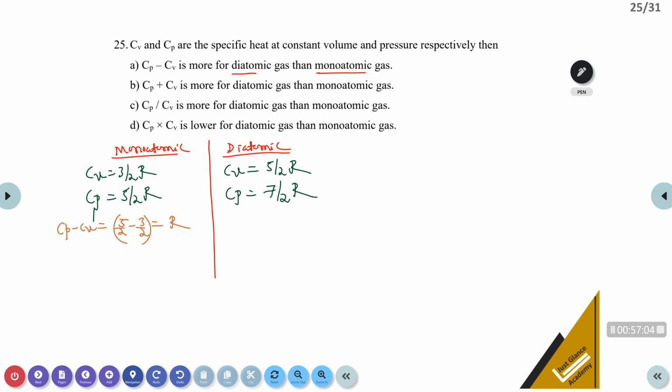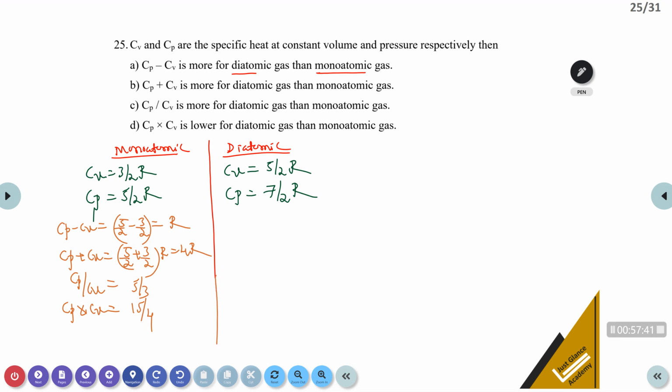Next, Cp plus Cv: 5 by 2 plus 3 by 2 R equal to 4R. Next, Cp by Cv equal to 5 by 3. Then Cp into Cv equal to 15 by 4.